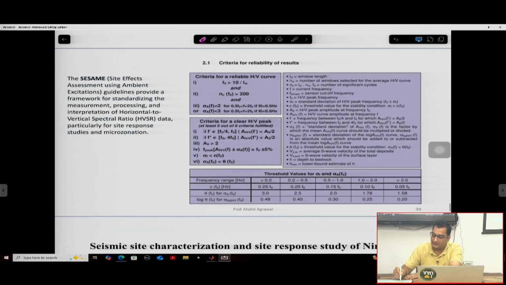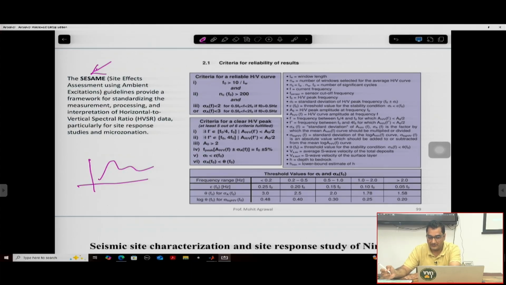If suppose you have computed your HVSR amplitude or the curve, then you need to follow certain criteria that is basically floated by this project that we call SESAME, the abbreviated form of Site Effect Assessment using Ambient Excitations.